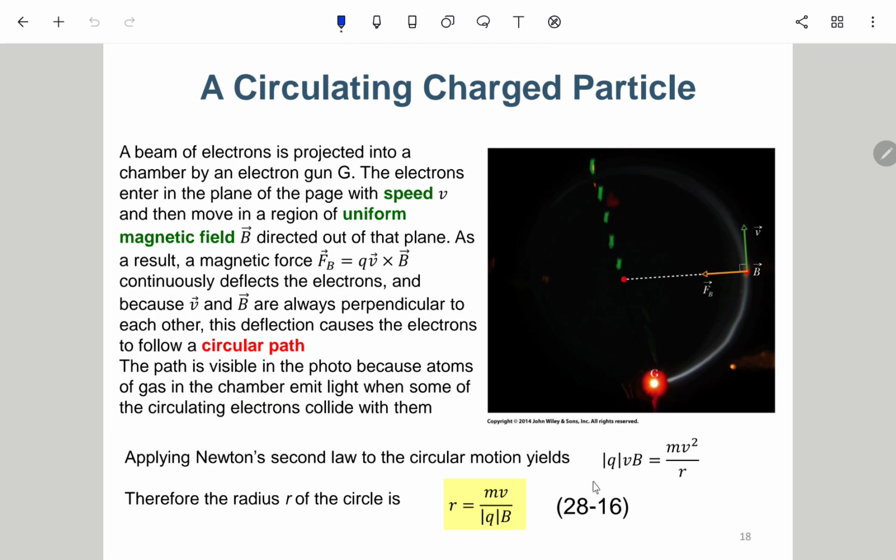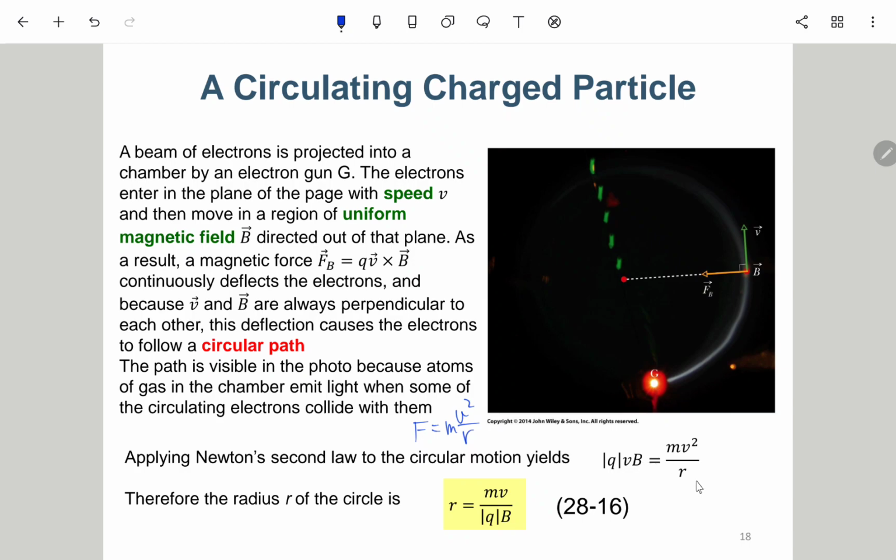And for the circular motion, of course, we need to find the radius of the circle. According to high school physics, you should know that F equals mv squared over r. This F comes from the Lorentz force, so qvB equals mv squared over r.